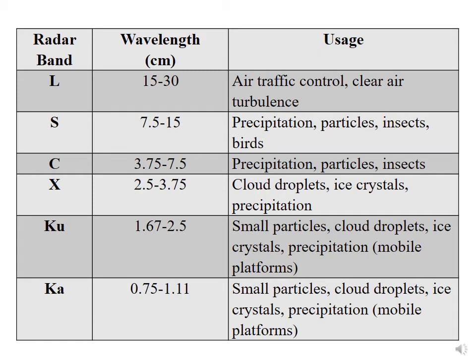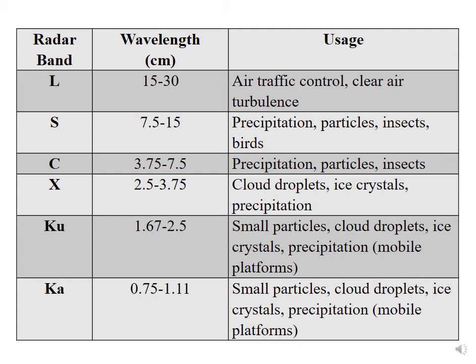There are different types of radar that utilize different wavelengths, and by utilizing different wavelengths, you can actually make the reflectivity target factor match the size of the target that you are actually interested in.